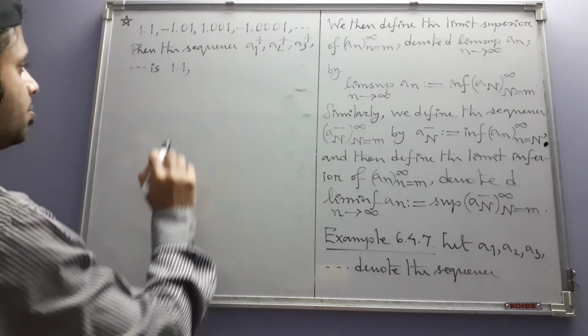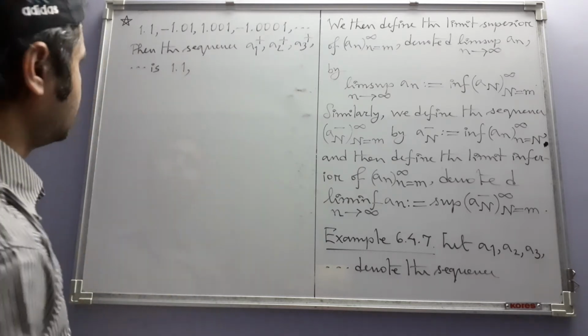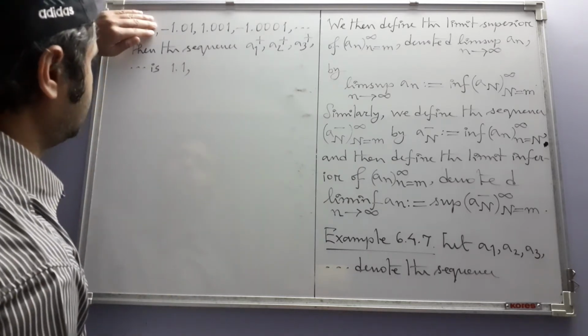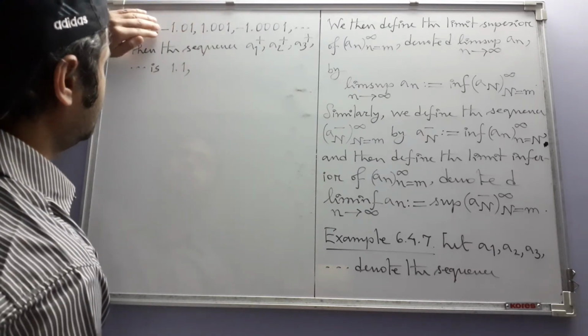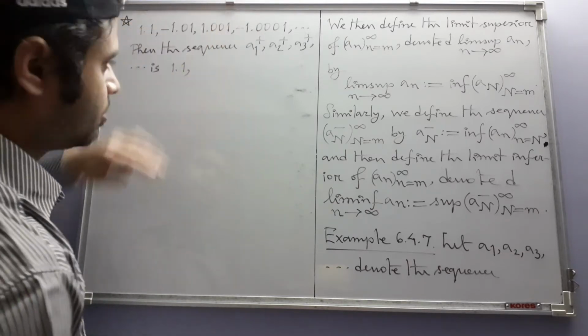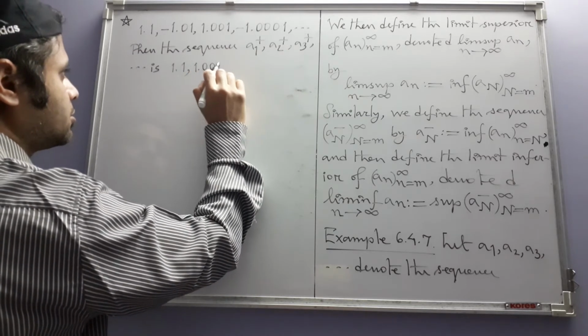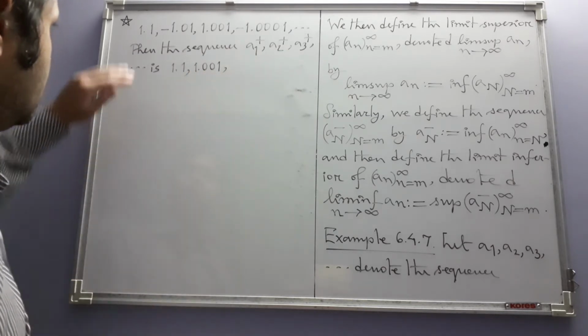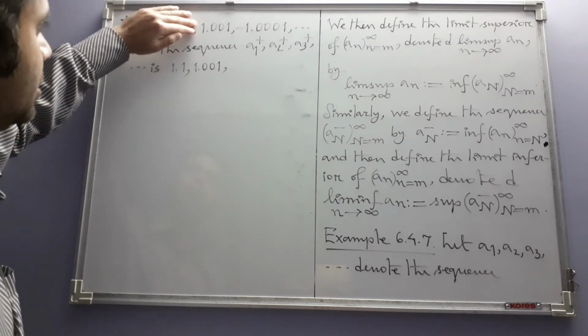And then if you remove 1.1, if you remove the first term, then you are left with this remaining sequence. In this sequence, the largest term is 1.001. So A2 plus is 1.001. Then after that you remove one more to find A3 plus.